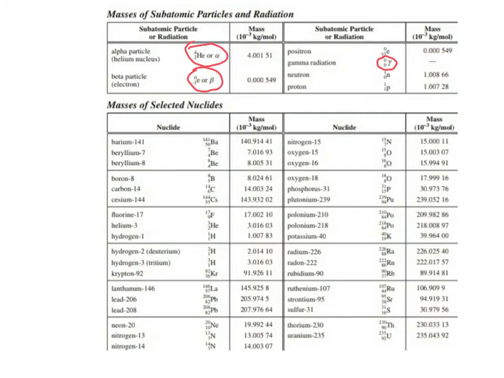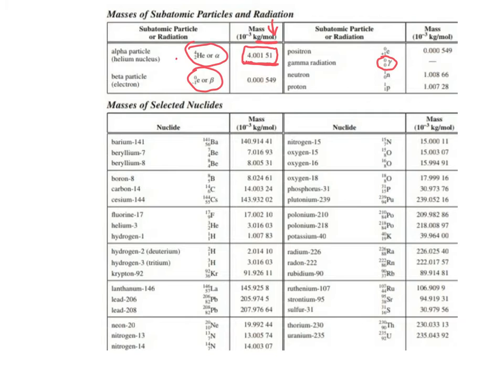Now what we're looking at is the mass. What's really important to realize is this is 4.00151, that would be the mass of a helium, but it is times 10 to the negative 3 kilograms per mole. This number is correct, but it's times 10 to the negative 3.